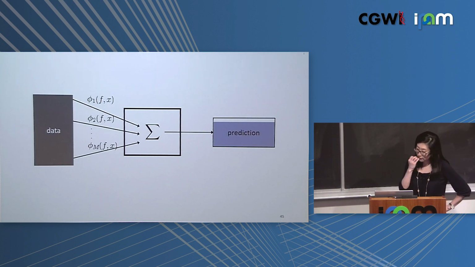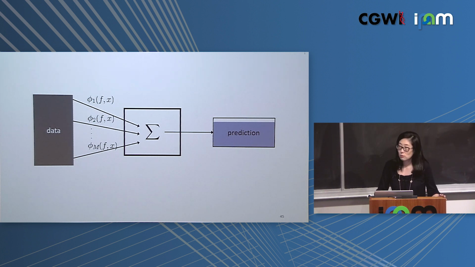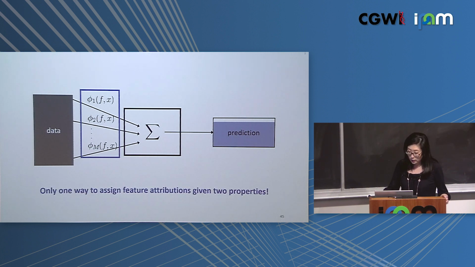Now, noting this previously unappreciated unity among explanation methods is helpful. But even more interesting is that a connection to 1950s game theory implies there is only one way to assign feature attributions, only one set of phi values, while maintaining 2 important natural properties.